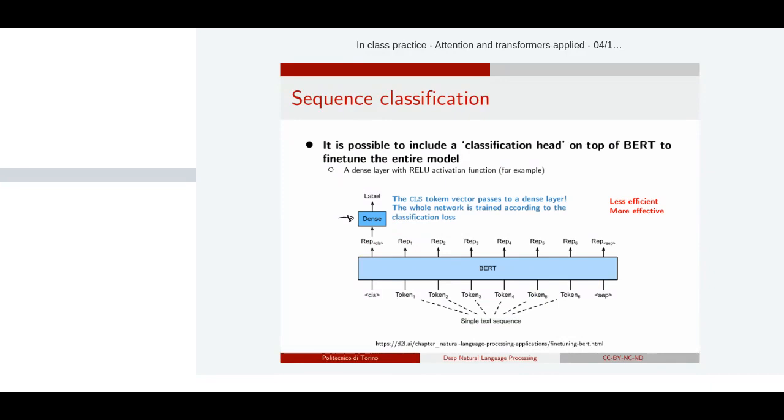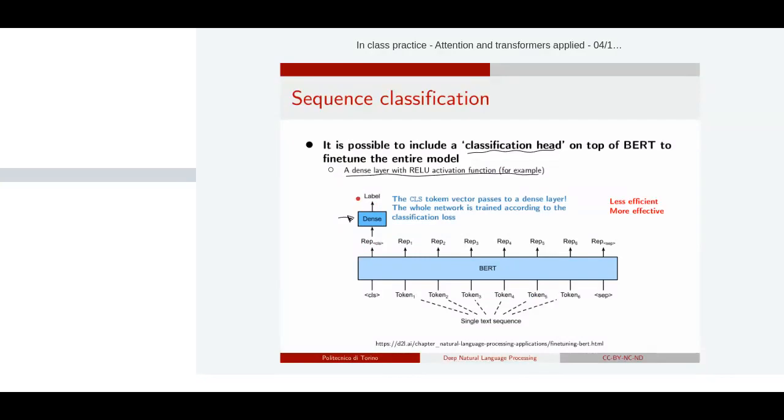You can use one layer of neural network, and this layer acts as a classifier, so it outputs a label. It can be a dense layer with a ReLU activation function, for example. This is called a classification head because it is a head on top of the big BERT model.